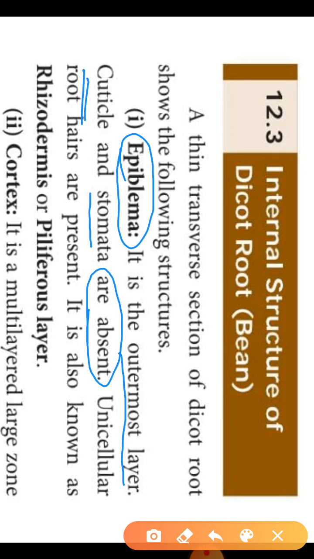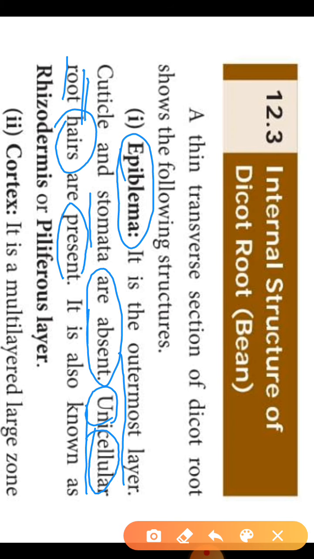Unicellular. Listen, unicellular, single celled. Uni means single. So single cell hair growth, that is root hairs.